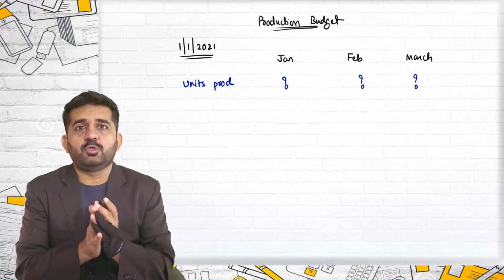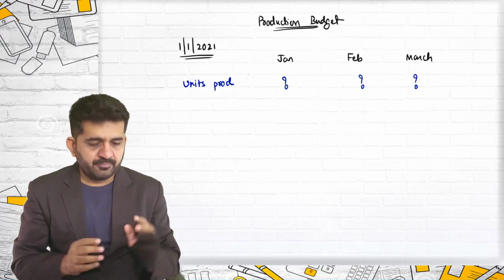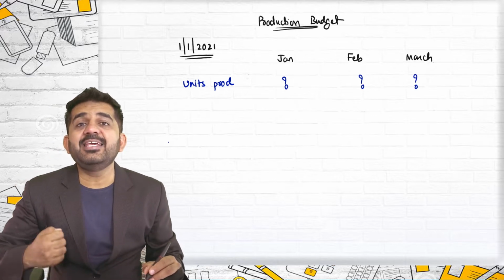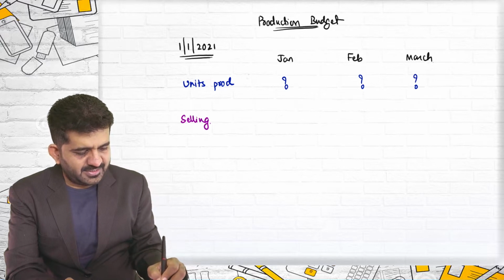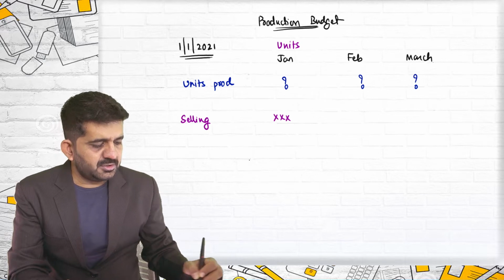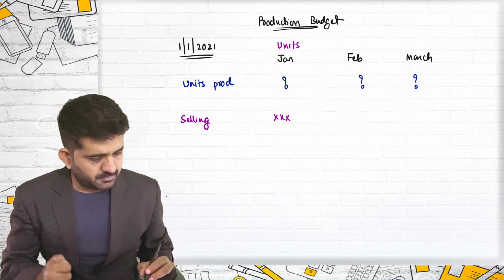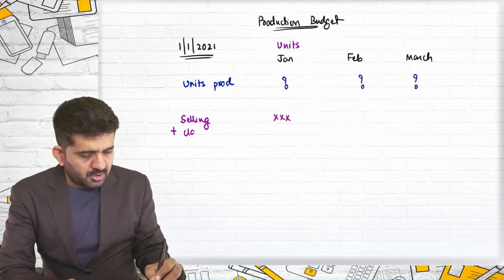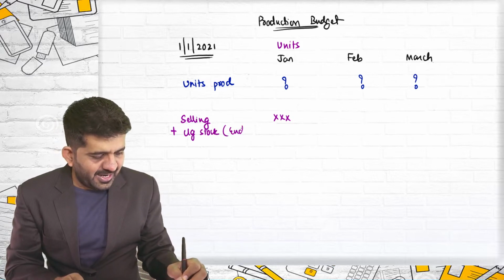Now, how to find out how many units I will be manufacturing in January, February and March? How much selling in terms of units is required in January? That many number of units I'll have to manufacture, plus closing stock I want at the end of January.